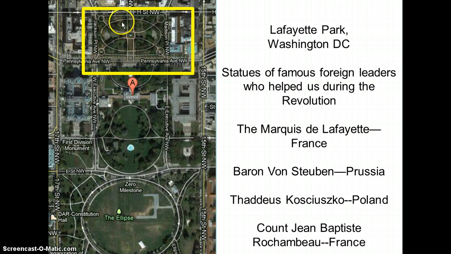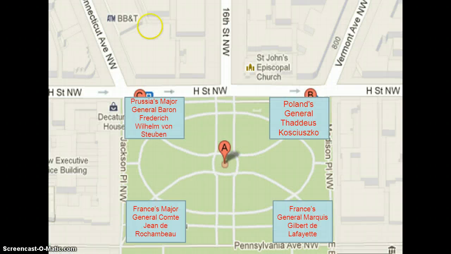I guess you're pretty important if the park across the street is named for you and there's a statue of those four foreign leaders who helped us win the revolution on the four corners of the park, right across the street from the White House. There's a different look at that same map, the White House would be down here. There's a statue to President Andrew Jackson in the middle of the park, but the others, the ones who helped us win the Revolution, are on the four corners of the park.